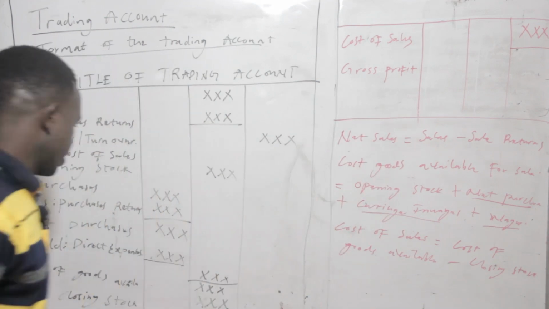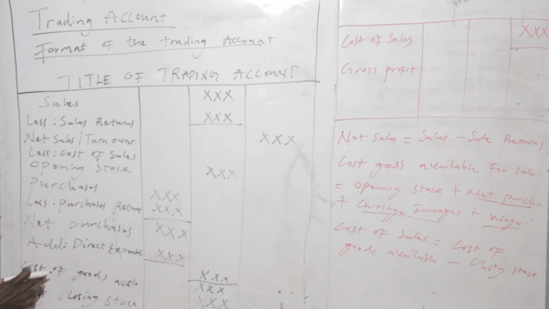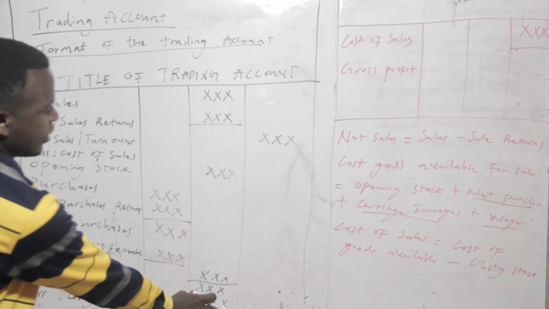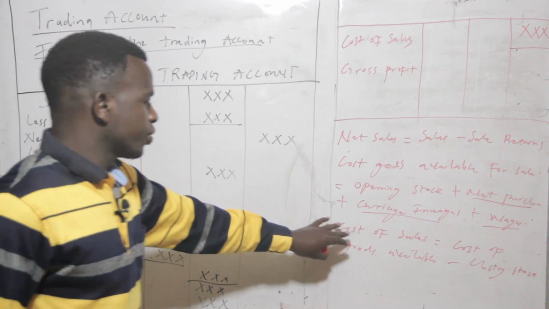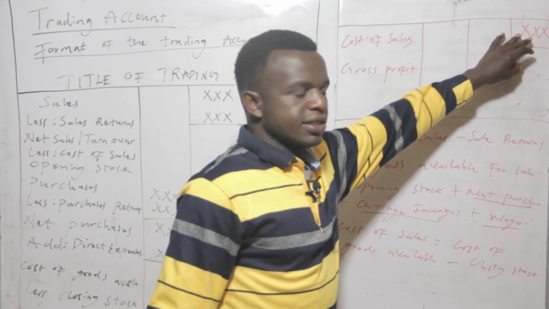In this part of the formula, you can see it in the table. We said cost of goods available, which is this figure, less closing stock, which is that figure, and we're getting cost of sales, and we find the cost of sales this side.